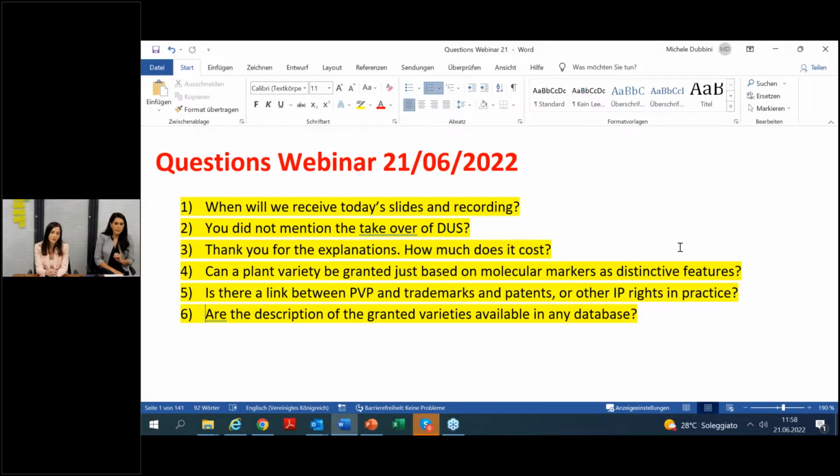On our website, on the basis of Regulation 1049 of 2001, anyone has the possibility to access the full file of a granted variety or a variety under examination. So do not hesitate to file a request if you do not find the information that you're looking for. There is a dedicated page on our website and a form. Thanks.